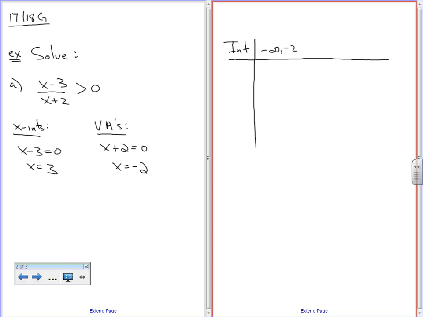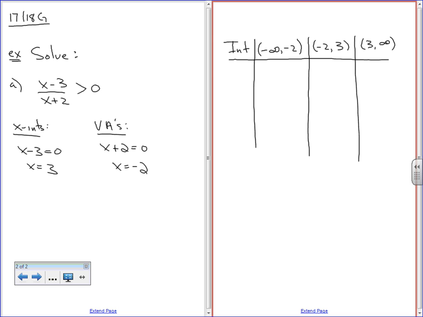So this is my first interval. Okay, we never put square brackets around the intervals, always round brackets. Okay, so we're testing between these values. That's my first interval. My next one is from -2 to +3. And then my last interval is from +3 to +infinity. So those are the three intervals where the function can either be above the x-axis or below the x-axis.